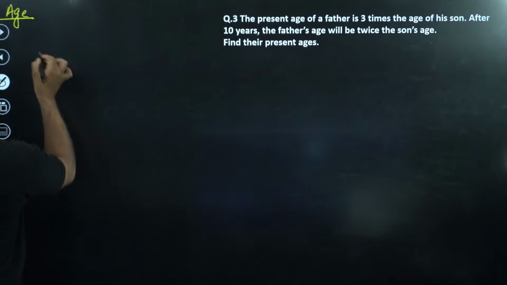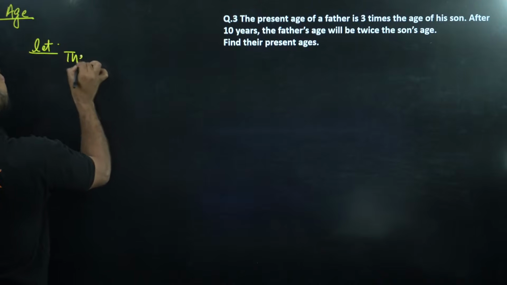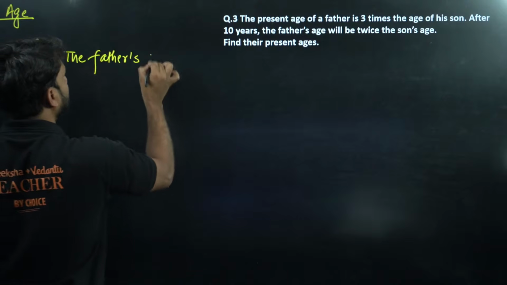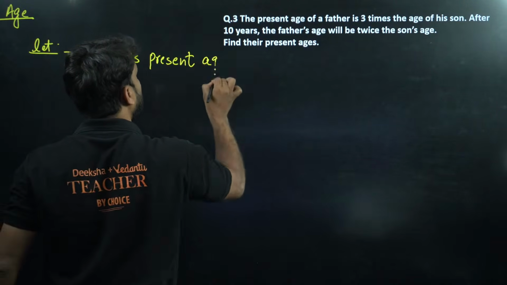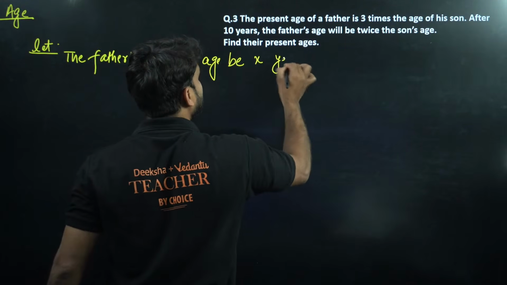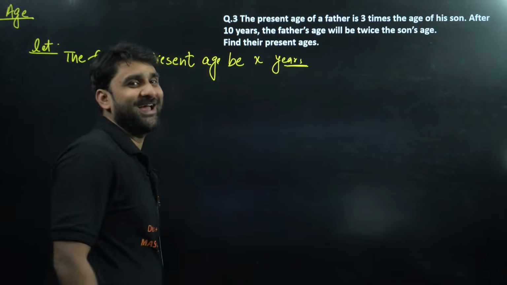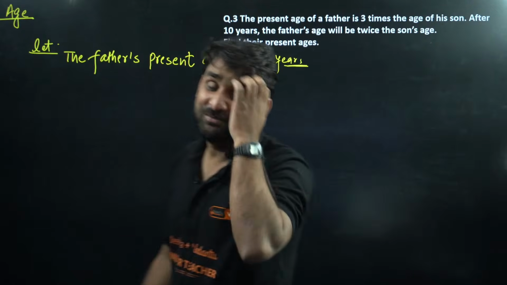So let the father's present age be X years. Make sure to write years only, don't write rupees, because we are talking about age, and age always comes in years.